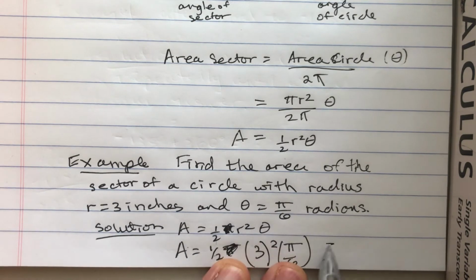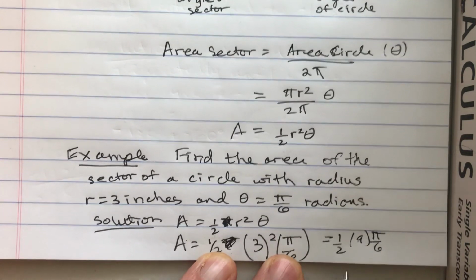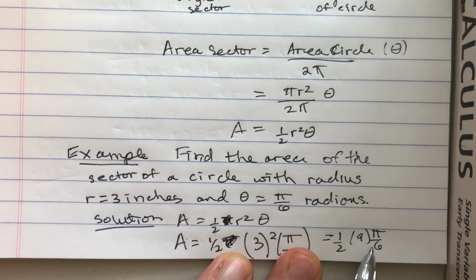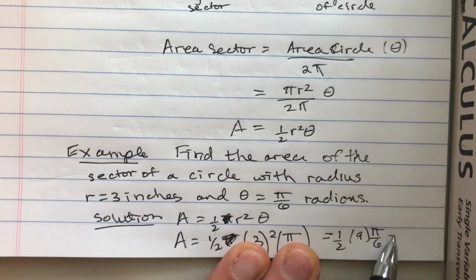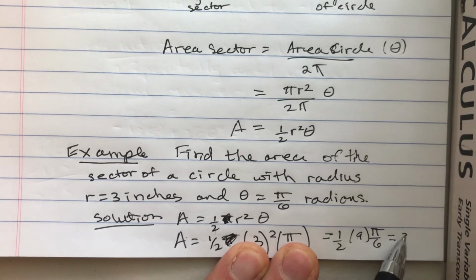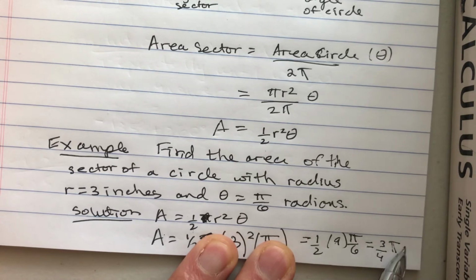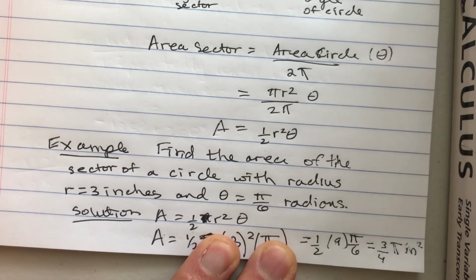So this is going to give 1/2 times 9 times pi over 6, and this makes 9/12, which reduces to 3/4 pi, and that'll be units squared. So I better put that in there. Inches squared, square inches.